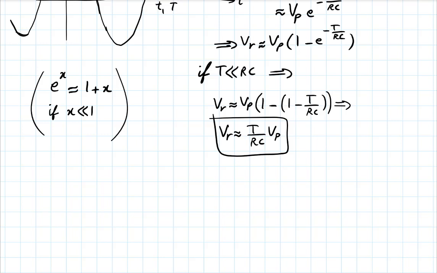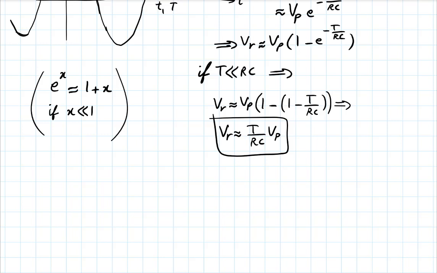Calculate the capacitor. Well, how much ripple can I tolerate? Let's say 10%. So Vr would be 0.1 Vp. And that tells you what T over RC is. If you know T and you know R, you get C. Okay?